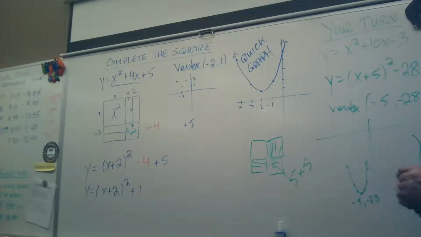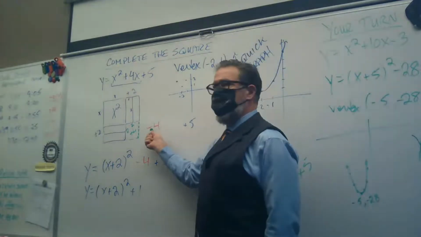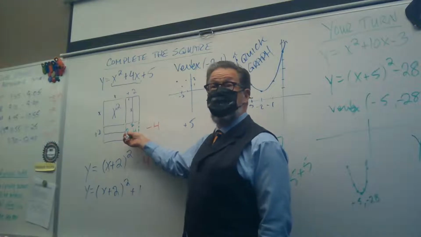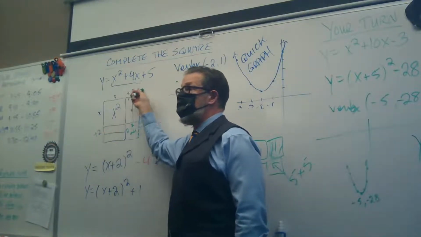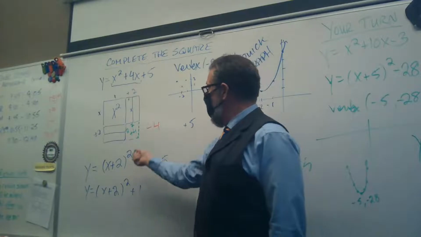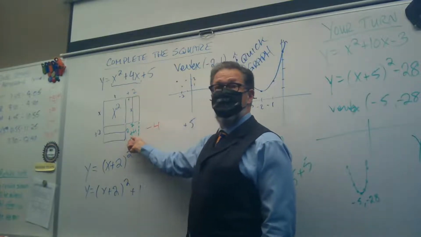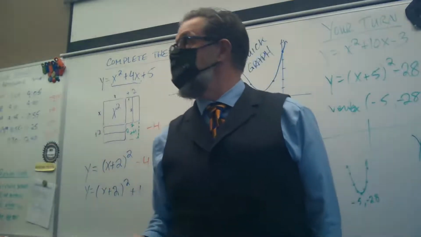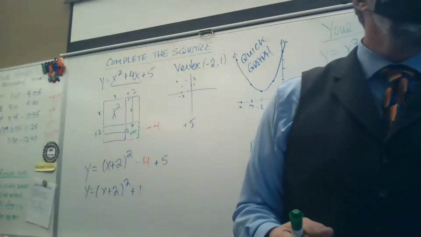Remember, we're always subtracting on the outside, 100% of the time. We're going to put a positive in here because we're multiplying these things together, so it doesn't matter if they're positive or negative. I'm adding something in here to fill the square, and then I have to subtract that on the outside to compensate. Cool?